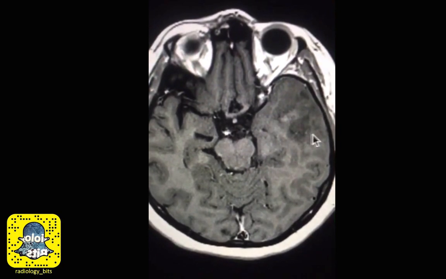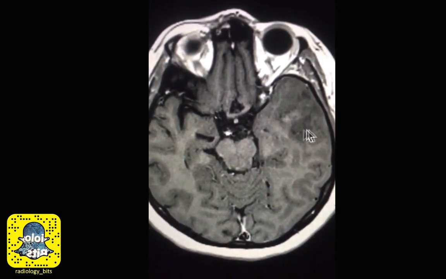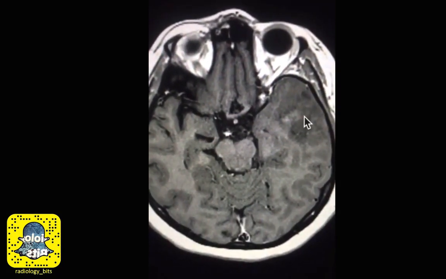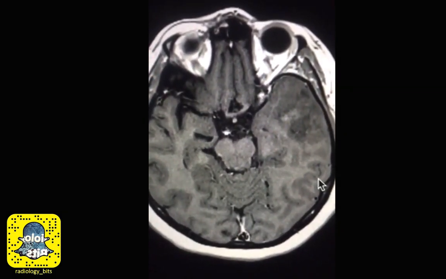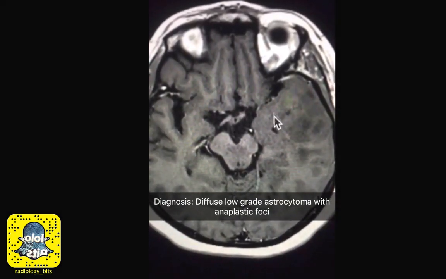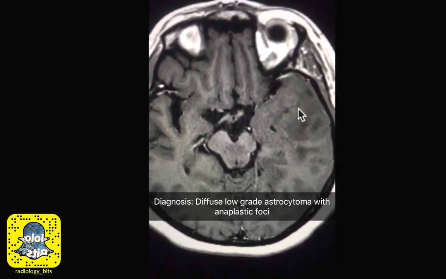Again, do not depend on the post-intravenous contrast enhancement acquisition to decide on the extent of the tumor. Enhancement helps with the grade, T2 and FLAIR helps with the extent of the lesion. This lesion was resected and the diagnosis was a diffuse low-grade astrocytoma with foci of anaplasia.